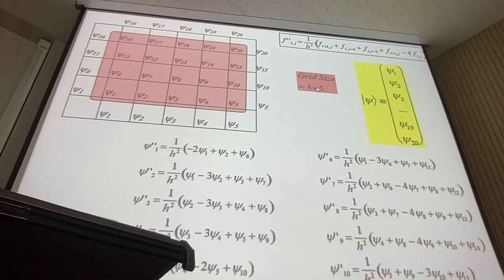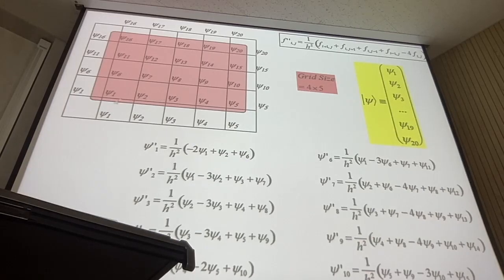So we have grid size 4 by 5. Along the y-axis we have 4 points, along the x-axis we have 5 points. And as there exist 20 data points, the eigenvector, or each sampled data point, is from 1 to 20.